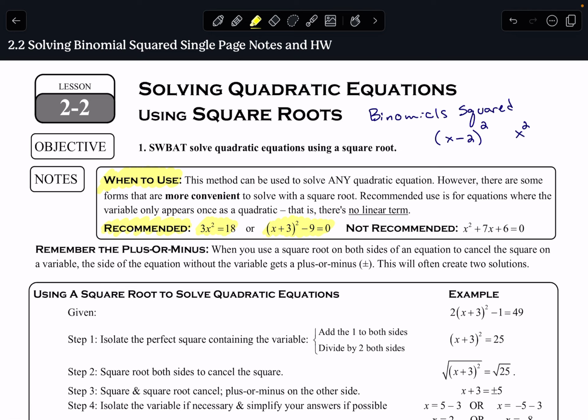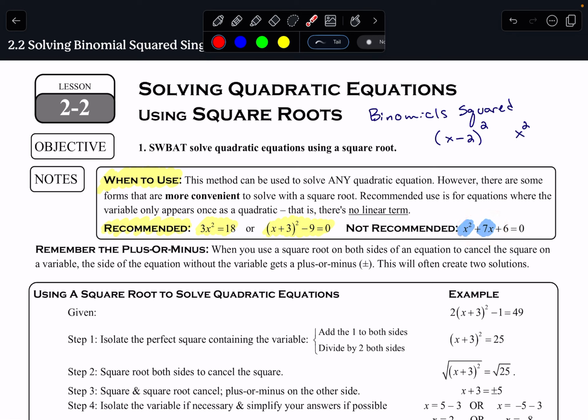When you don't want to use this method, I mean, you can try, but it's not going to work, is when you have an x squared and a regular x in the same problem. Notice that neither one of these have both. This one has an x with the square on the outside. This one has an x squared, but neither one of them have an x squared and an x.